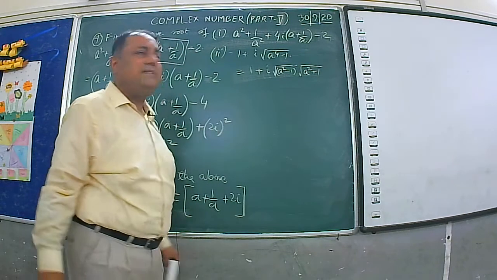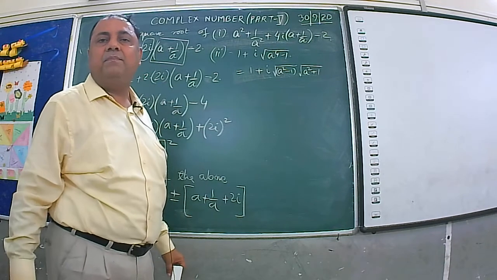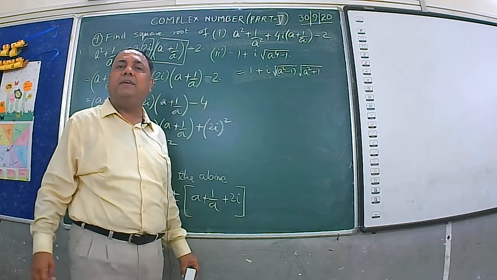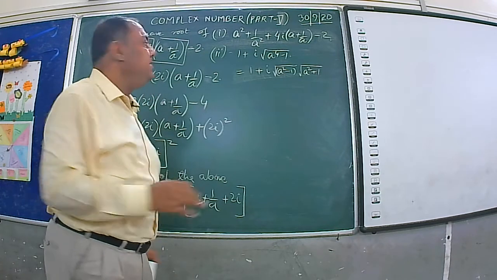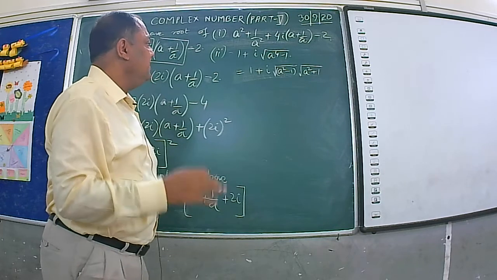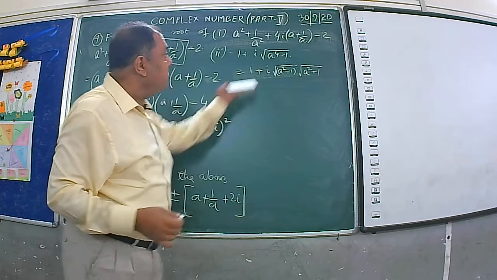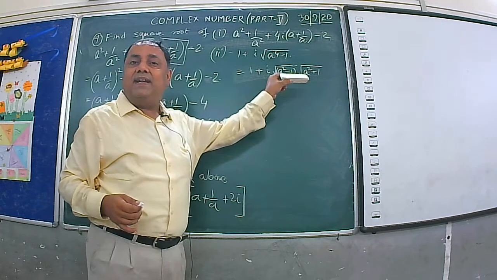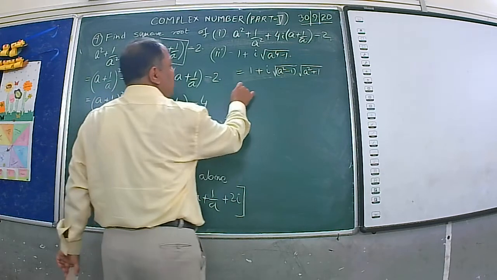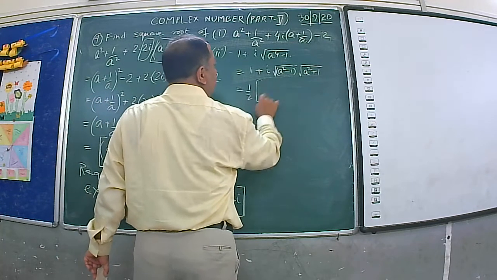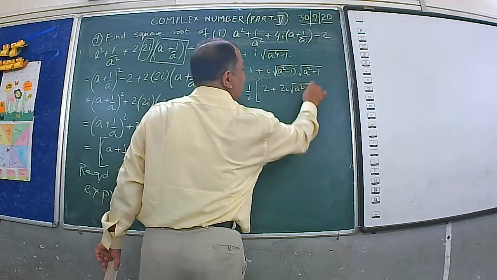Again applying that I have to express this in square form, in a plus ib form. If I can do that, I can easily express this as a square root and I can find my value. But I observe this is the 2aib form, 2 is missing. I multiply 1 by 2 to the numerator and to the denominator.